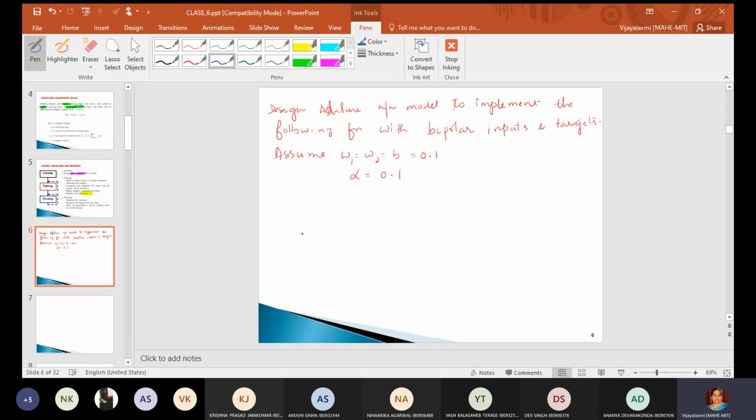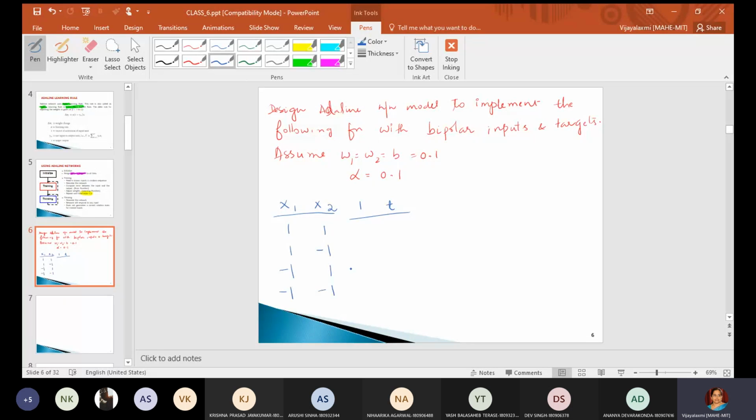Now I'll just write the truth table. X1, X2, this is 1. This is the target value. So 1, 1, 1, 1, minus 1, minus 1, 1, minus 1, minus 1.